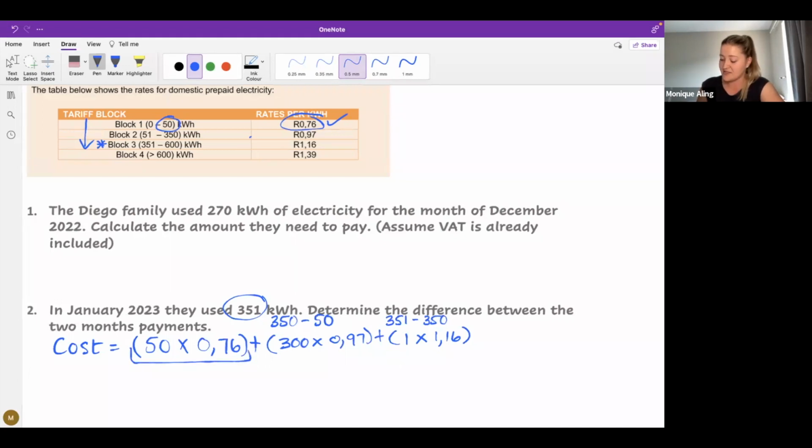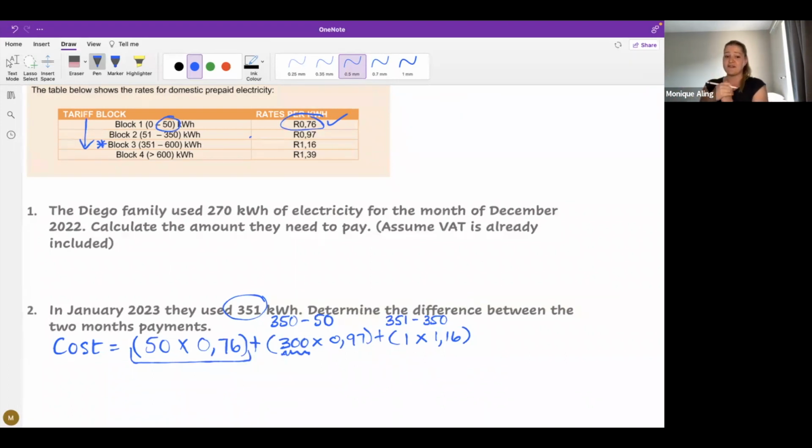I'd say 50 units, the first 50 they used, they were charged 76 cents. Then I go into the next block because their consumption made them fall into the next block. But that range goes up to 350, but I'm not charging them for the full 350 units because I've already charged them for 50 at the cheaper rates. So now they have 300 left over in this range because it only goes up to 350.